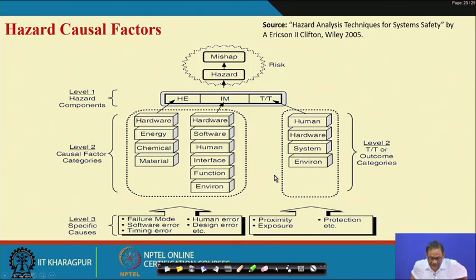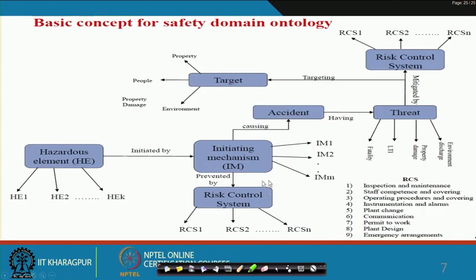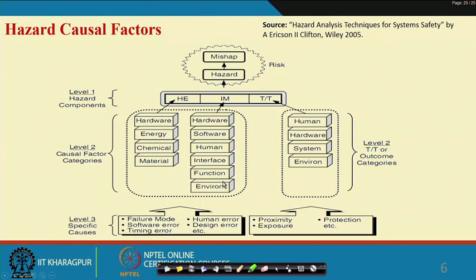Now, this process, technology, human, environment, all these things are very, very important, as I told you, and that is why these are also termed causal factors. What are the causal factors?